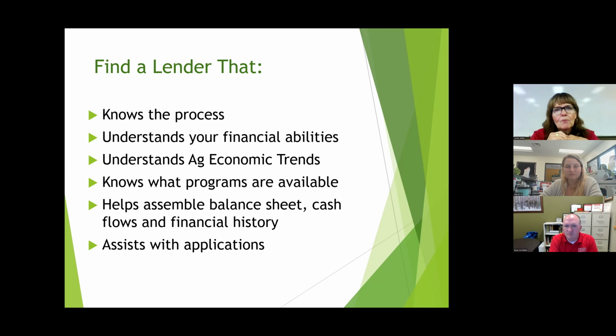Also, make sure they know what programs are available out there. If you need refinancing and an interest rate adjustment, do they know that you can potentially talk to the Farm Service Agency and get better repayment terms and lower interest rates? It's important. If you're buying farmland, do they know about the beginning farmer program that might help adjust the interest rates you're paying?